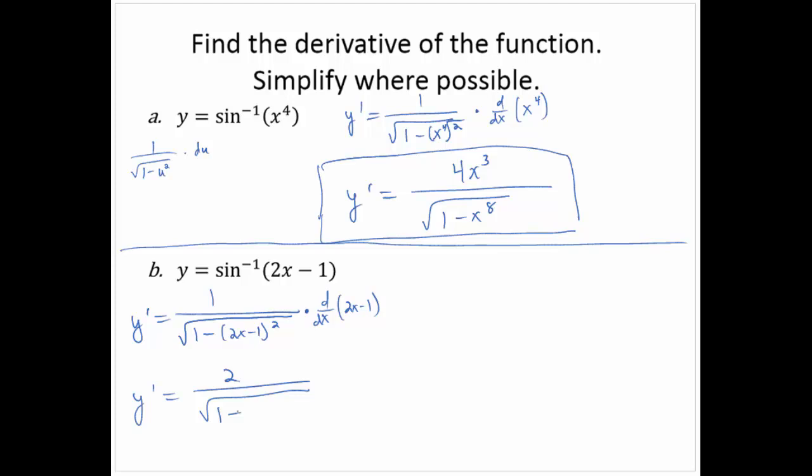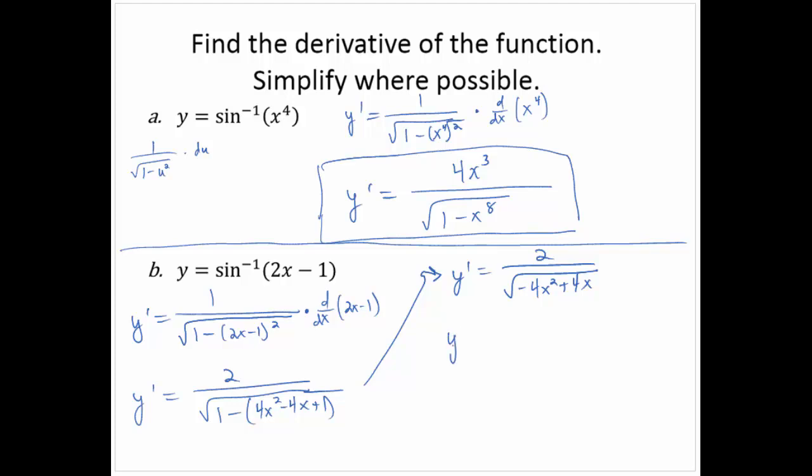Let's see how we can simplify this. Now (2x minus 1) squared, using what we've learned in algebra, is 4x squared minus 4x plus 1. So y prime would be 2 over the square root, and simplifying, I would have a negative 4x squared and a plus 4x. Notice that these remaining terms have a common factor of 4.